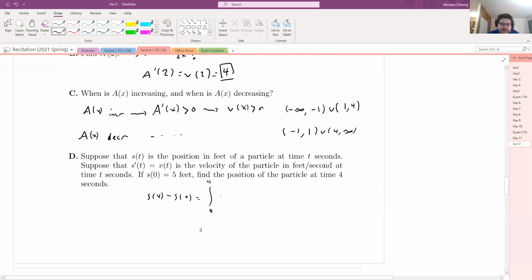So the integral from 0 to 4 of, well, you could write this as the S prime function, but really we know that this is the v function, right? The only thing that you need to check, I guess, well, you don't even really need to check anything, but in the statement of FTC Part 2, what it says is that the thing on this end is always the capital function, and the thing inside it is the lowercase.